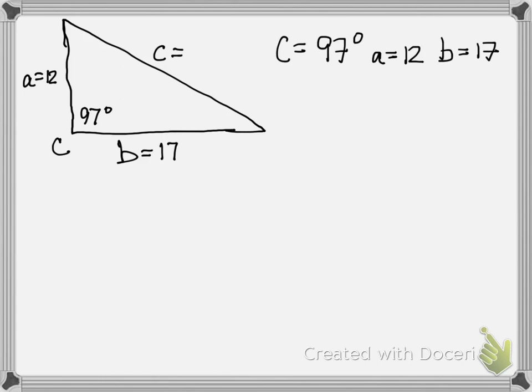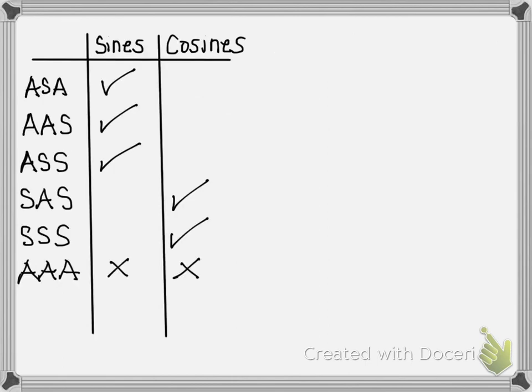So you might be able to tell that in this case I can't use the law of sines. If you looked at law of sines before and we looked at a table, the possible table of three pieces of information that we can be given, we see that if I'm given any of these circumstances, I use law of sines.